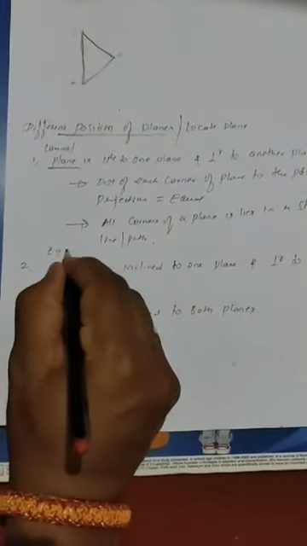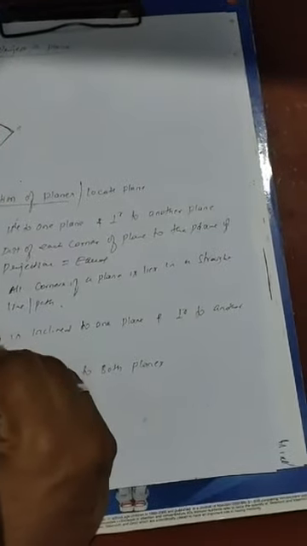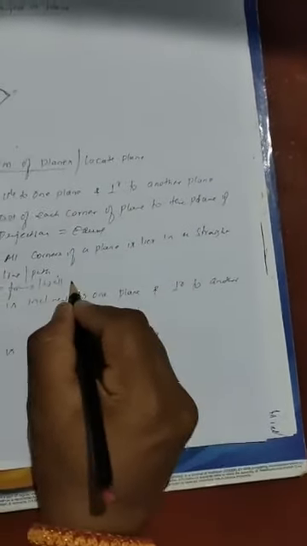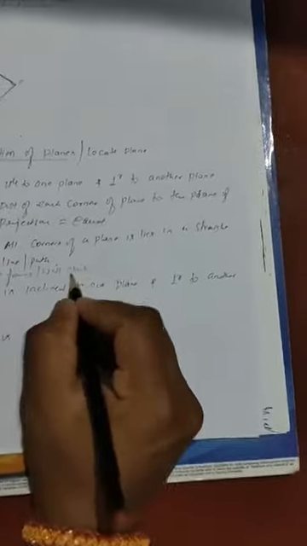And if we take examples, the first one is where the lamina is parallel to one plane and perpendicular to another plane. For example, photo frames, wall clock, mirror.